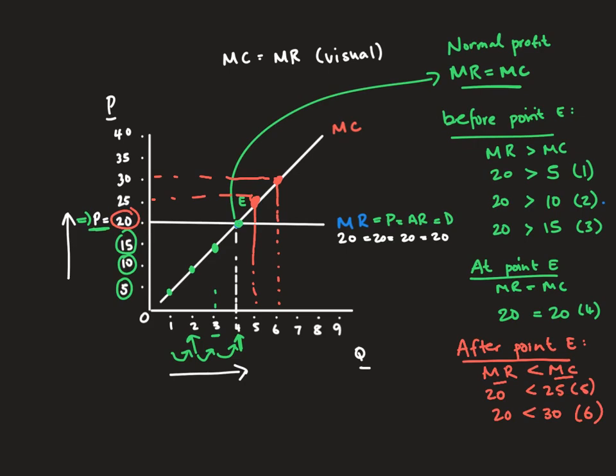And at these points, anywhere after point E, we would not be able to make a profit. When our marginal cost in an industry is greater than our marginal revenue, we normally see a lot of suppliers or manufacturers leaving the market because their costs are higher than their revenue. But point E will remain our place where we make a normal profit.